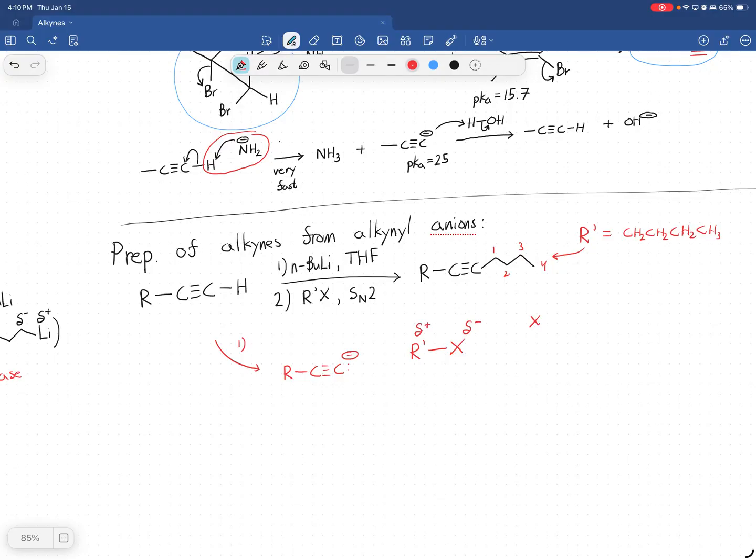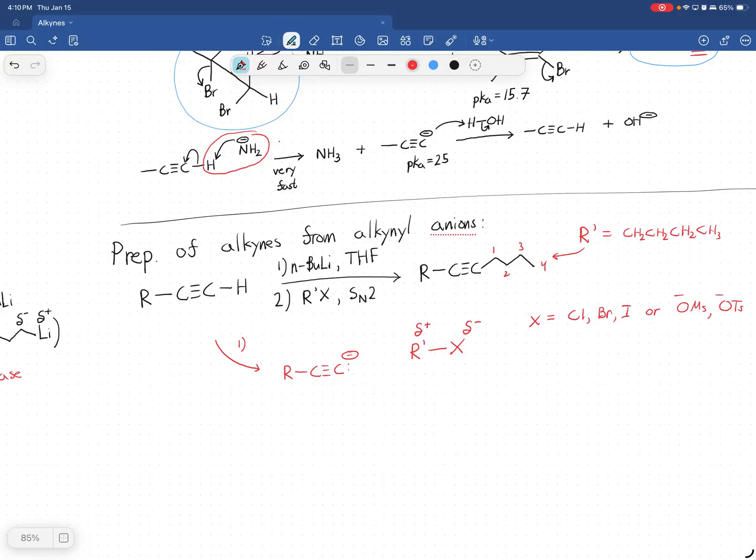So X can equal a halogen, chlorine, bromine, iodine, or OMs, or OTs, remember good leaving groups?